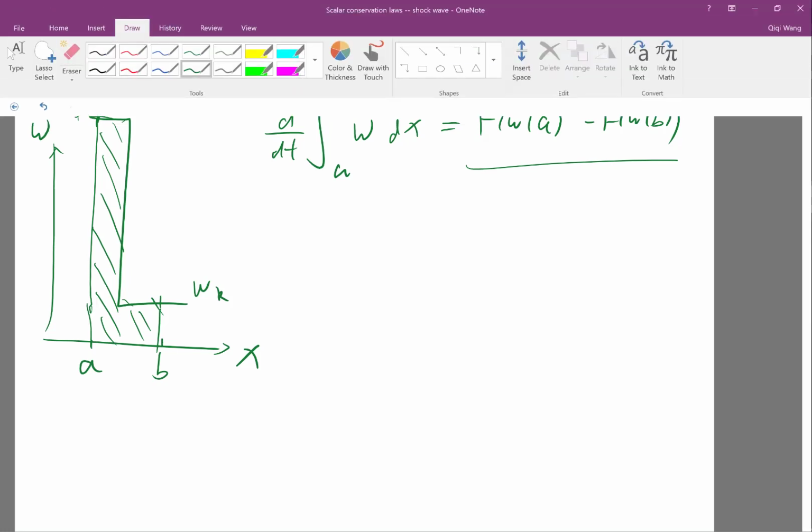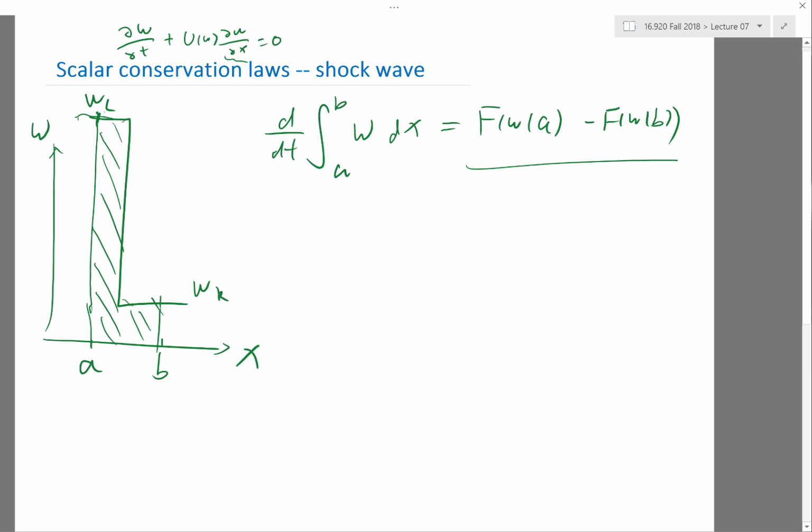I'll give you 3 possibilities. One is that WL is going to move up and down. Imagine it moves down a little bit, and becomes like here in the next moment. Second mechanism is WR may move up and down. Imagine WR moves down a little bit. Third mechanism is the location of the shock wave changes.